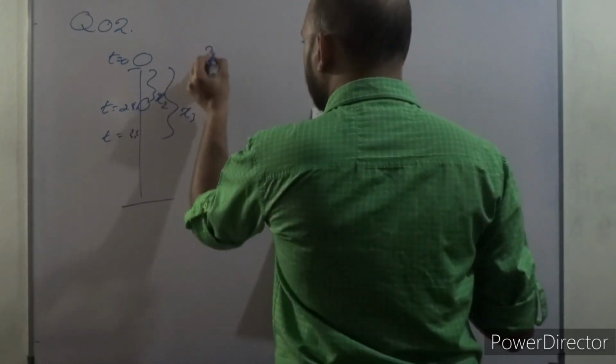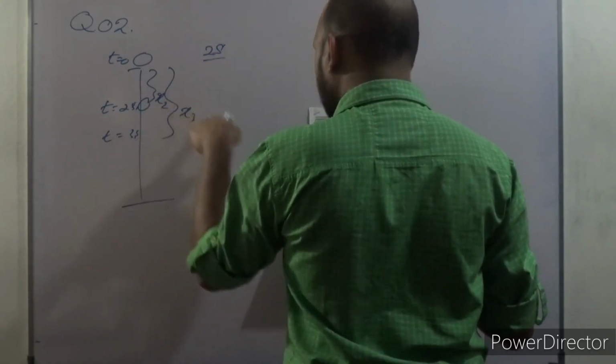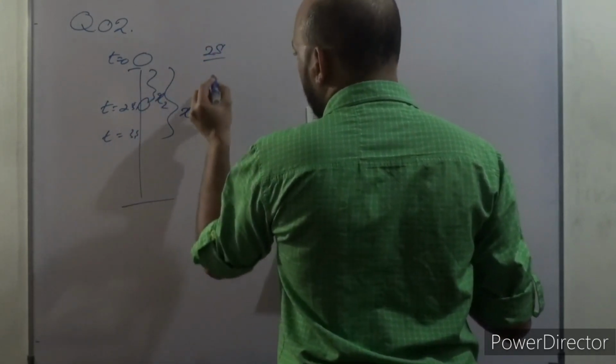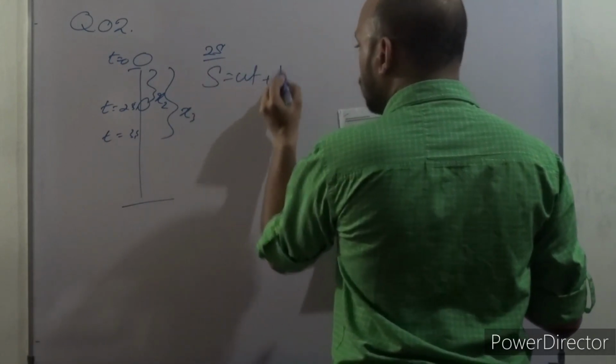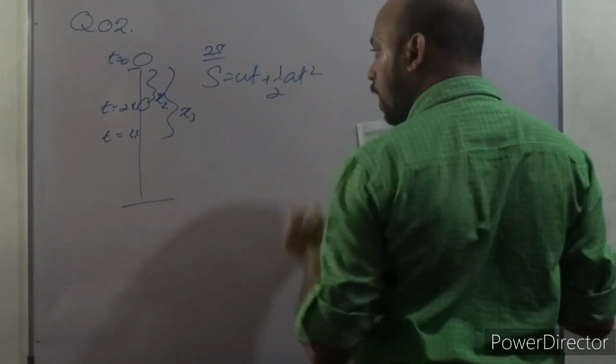If we consider the distance traveled in 2 seconds, we can apply the equation s equals ut plus half at squared.